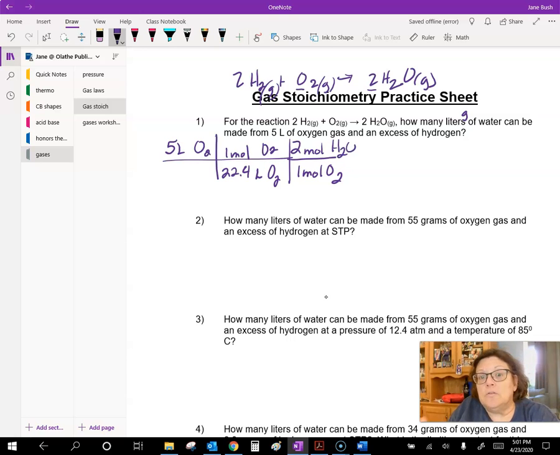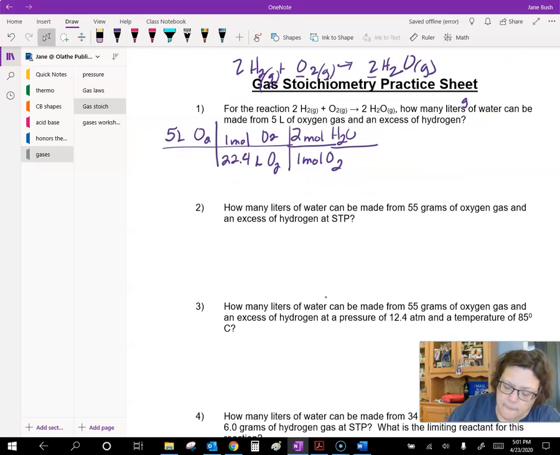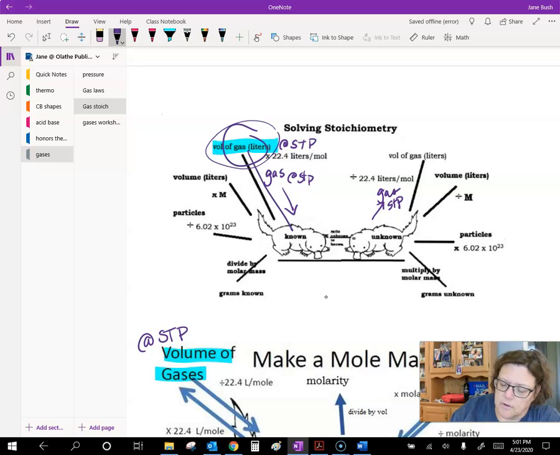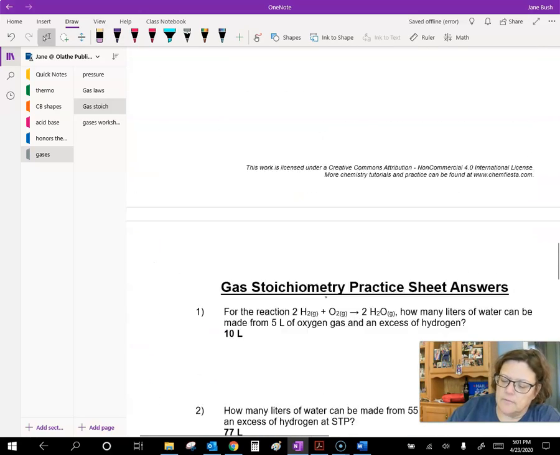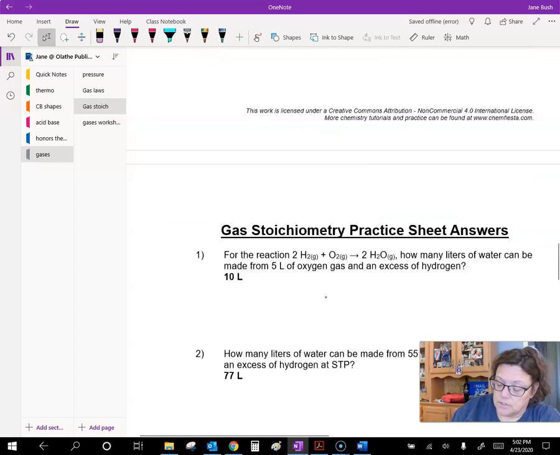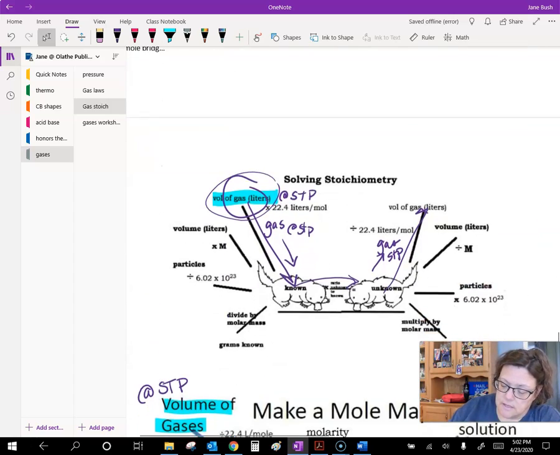And then it wants to know the volume of the water. So what we've done on our bridge, we've gone from here to here. We've gone across our bridge, and now we're going to go back, and we're going to do that by dividing by the molar volume, or we're going to multiply. That bridge is wrong. I just realized that.